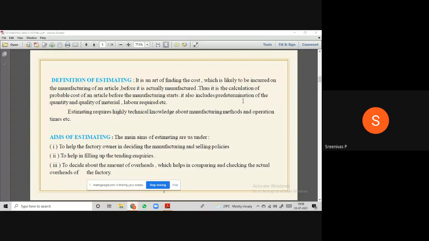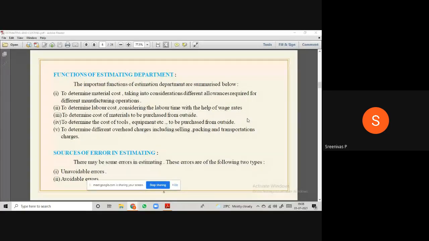So now the aims. What are the aims of estimating? The aim of estimating is it helps the owner in deciding the manufacturing and selling policies, to help in filling up the tender or the pending inquiries, to decide about the amount of overheads, which helps in comparing and checking the actual overheads of the factory.